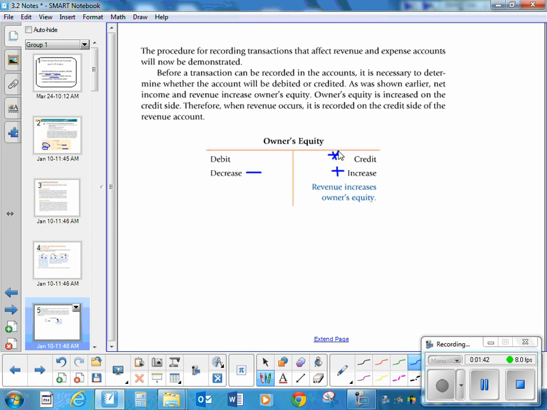If we think about it, our revenue is going to increase our owner's equity. So if we extend this, do you agree that our revenue is going to be found on the credit side of our owner's equity? Because it's going to increase our capital.